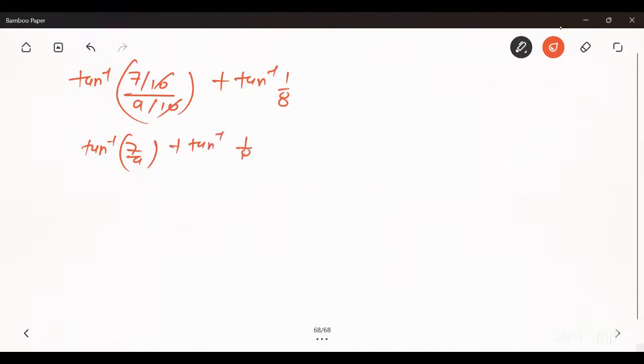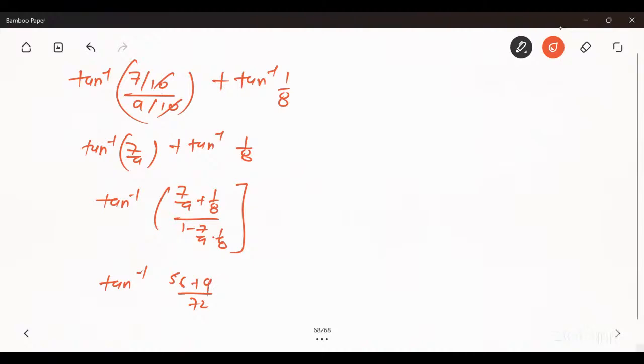So tan inverse A plus tan inverse B is tan inverse of A plus B upon 1 minus AB. So tan inverse, LCM of 9 and 8 is 72. 8 sevens are 56, plus 9, upon 72 minus 7 upon 72. Now this will be cancelled.